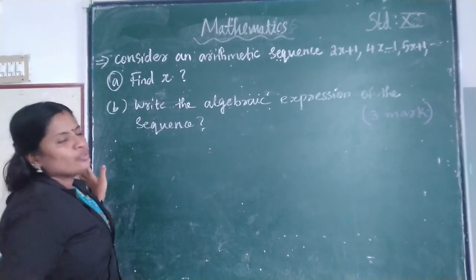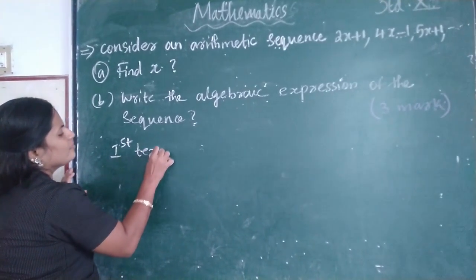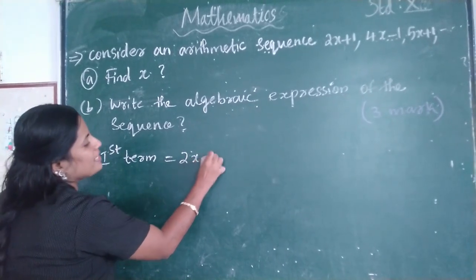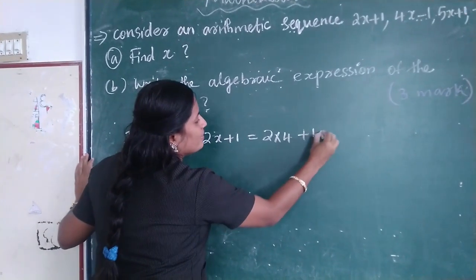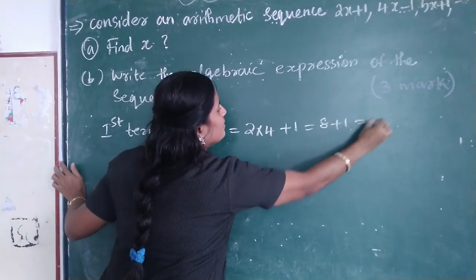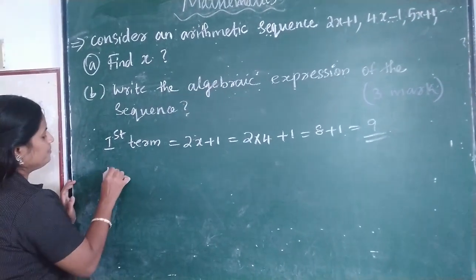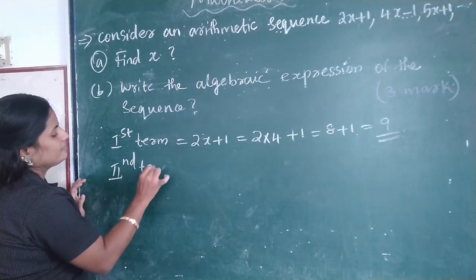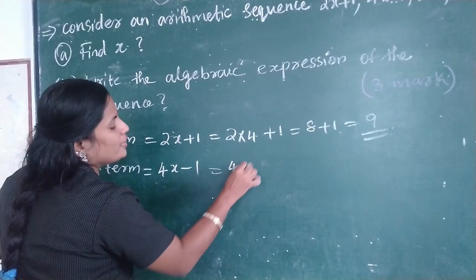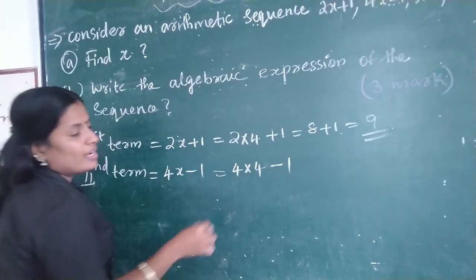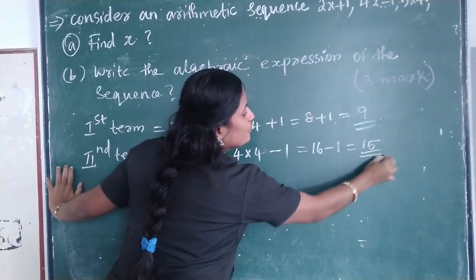So we have to find out the arithmetic sequence. The first term, that is 2x plus 1, which is equal to 2 into 4 plus 1, 8 plus 1, 9. Okay, next second term, 4x minus 1, 4 into 4 minus 1, which is equal to 16 minus 1, which is 15.